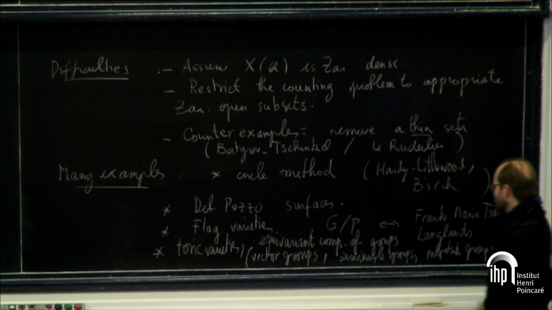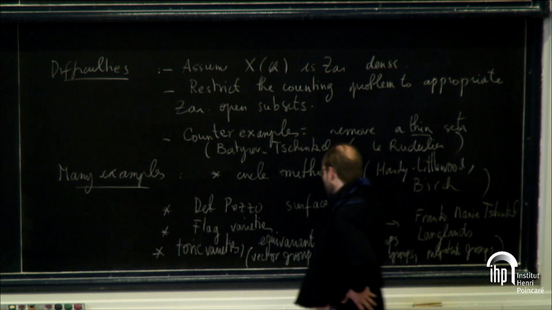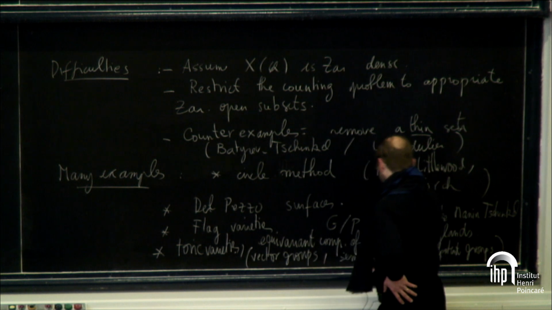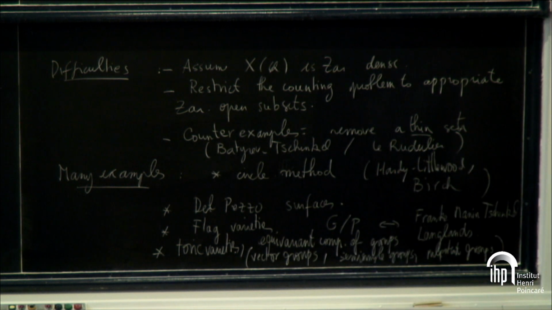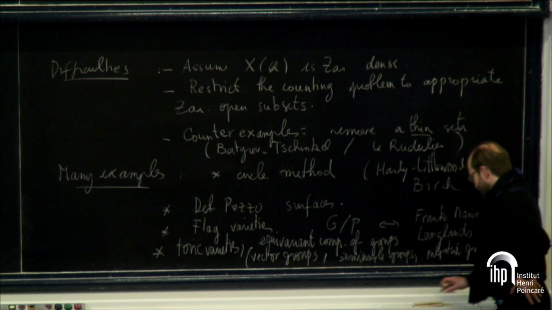Toric varieties is a theorem of Batyrev and Tschinkel. Vector groups is Chambert-Loir and Tschinkel. Semi-simple groups is Shalika, Tschinkel, and Takloo-Bighash, and independently Gorodnik and Oh. Nilpotent groups, I think, is Shalika and Tschinkel.